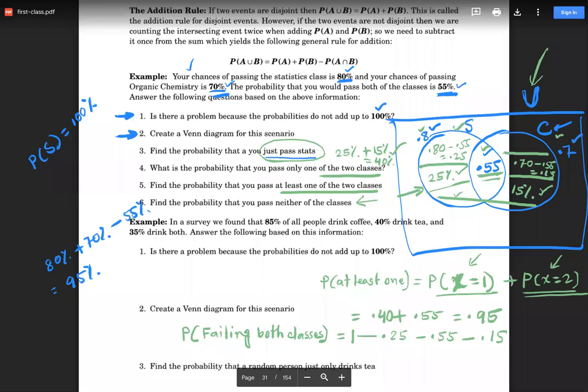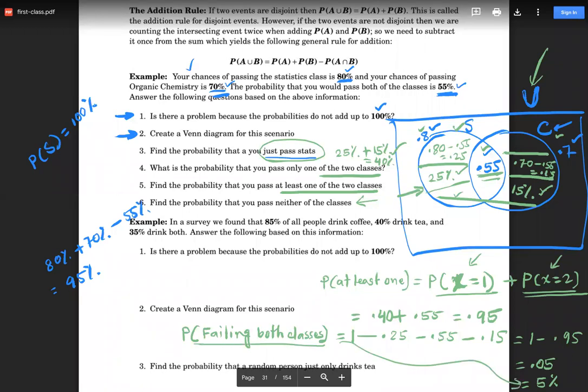If you add these numbers, you're going to get 0.95, so 1 minus 0.95 is 0.05, which is 5%.